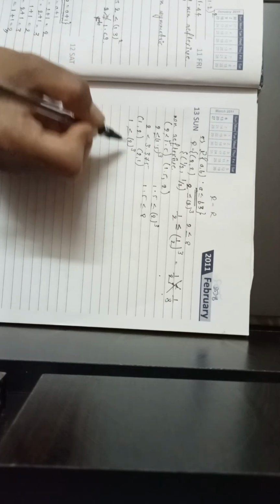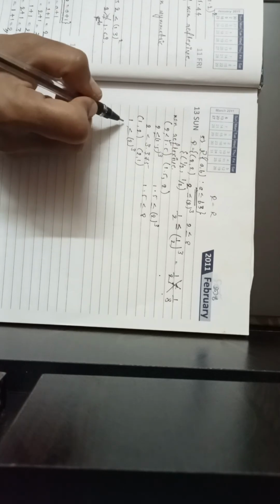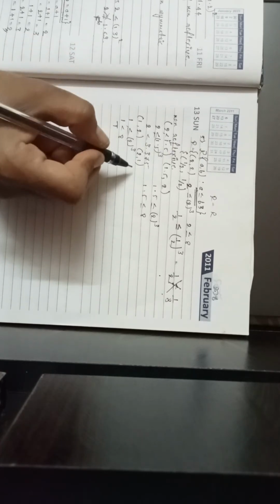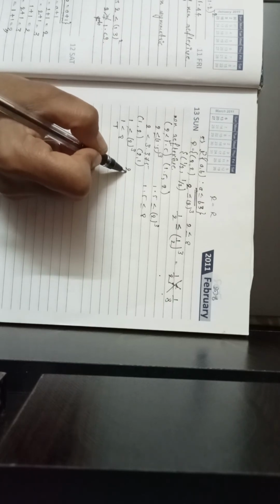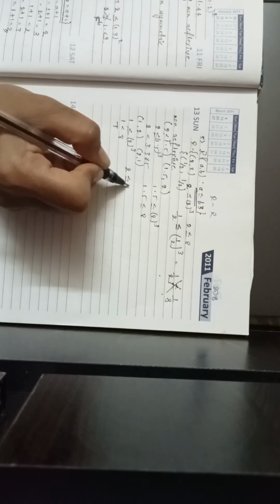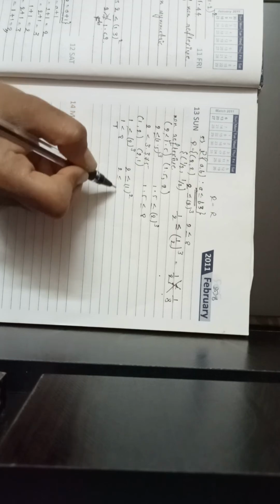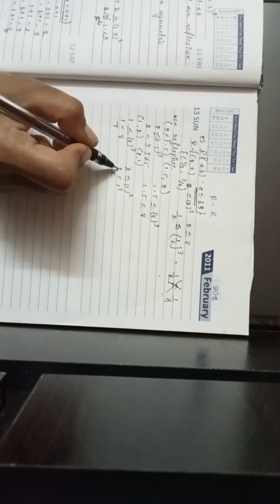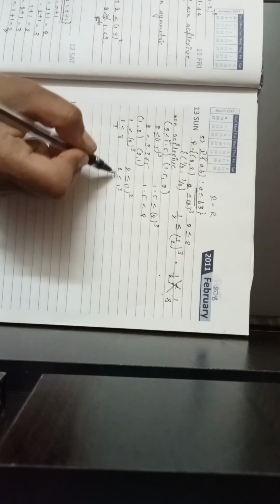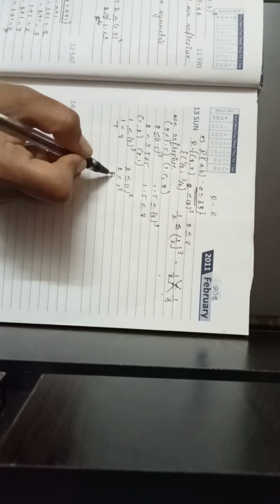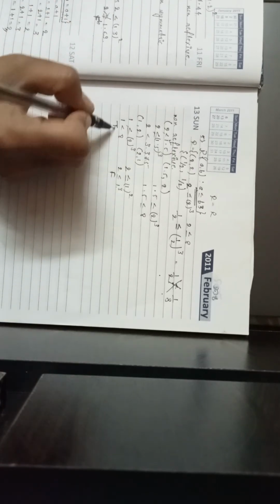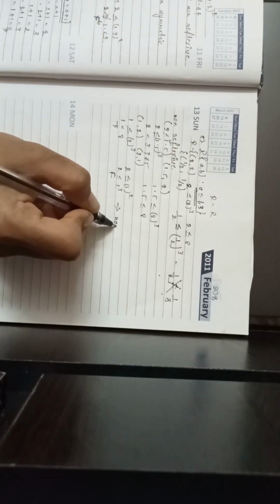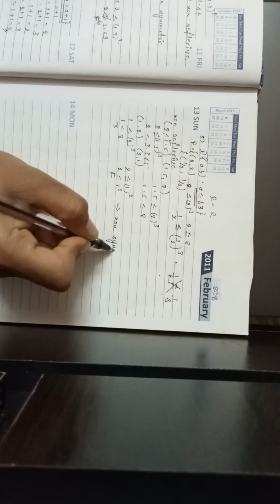So A should be less than or equal to 2 cube. So here 1 is less than 8. So this is true. Now check for the second condition. A is 2 and B is 1. So 2 should be less than or equal to 1 cube. This condition is false because 2 is not less than 1, 2 is greater than 1. So this is a false condition. So the first condition is true and the second condition is false. So this is non-symmetric.